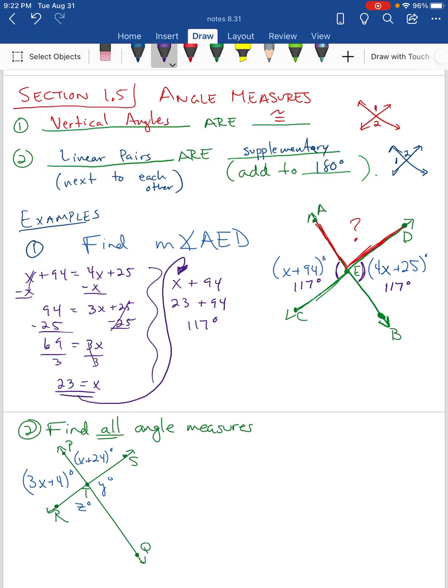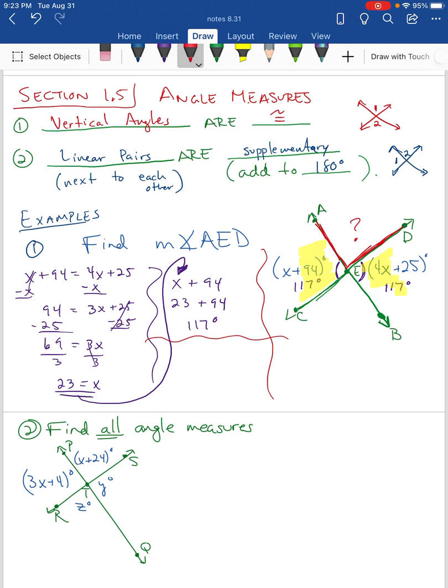We're still not done, because this gives us this angle and this angle, but I still want to find the top angle. So now you have to look at the relationship between the angles that are highlighted and the angle we're looking for. I'm going to look at the x plus 94, which I know is 117 degrees, and the angle that we're looking for, angle AED. Those angles are next to each other, so those are linear pairs.